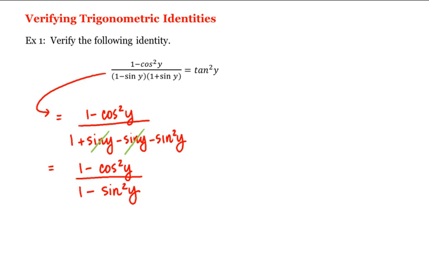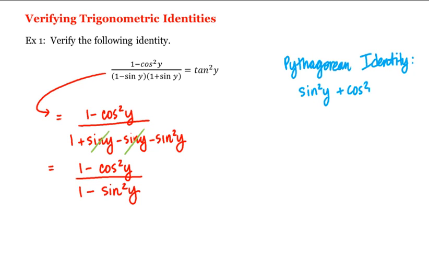Now let's recall the following Pythagorean identity. That sine squared y plus cosine squared y is equal to 1. Now, if we subtract cosine squared y from both sides, what do we get?